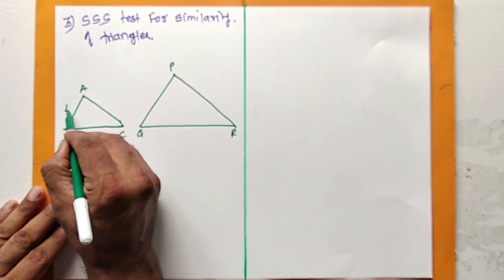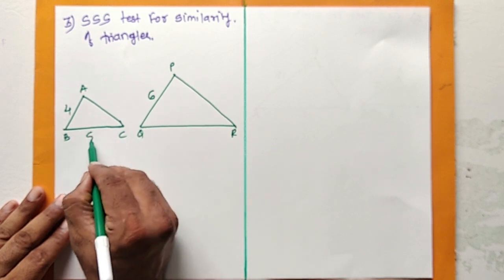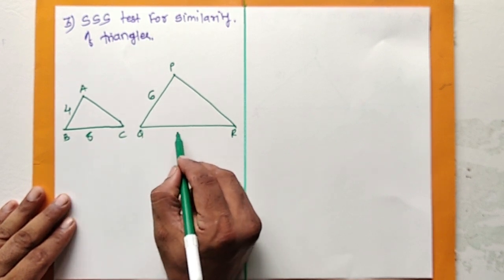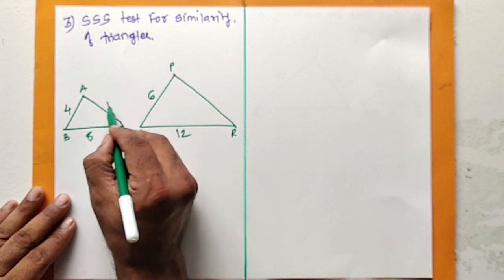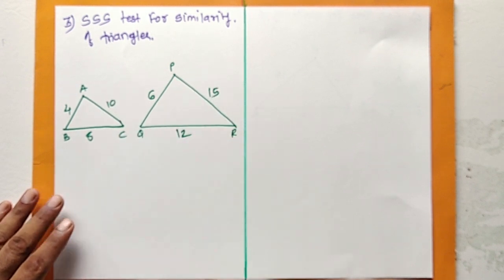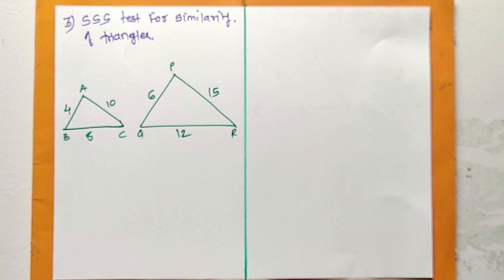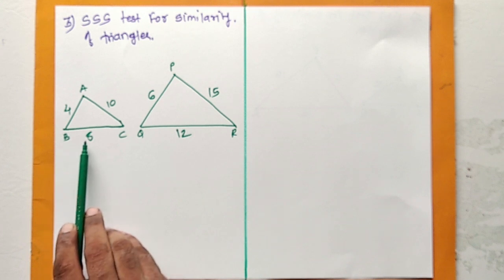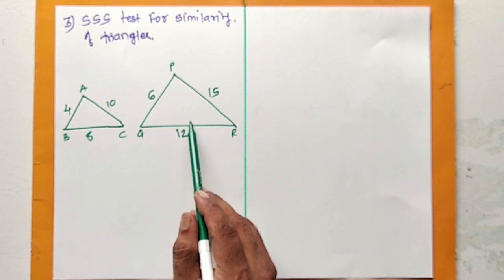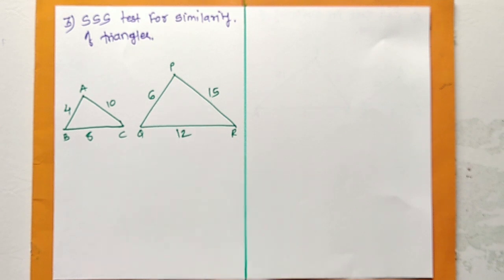For a given correspondence between the vertices of two triangles, if their corresponding sides are proportional, then the two triangles are similar. That is, if three sides of one triangle are proportional to the corresponding three sides of the other triangle, then the two triangles are similar.